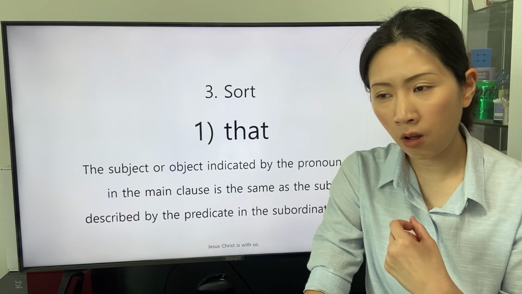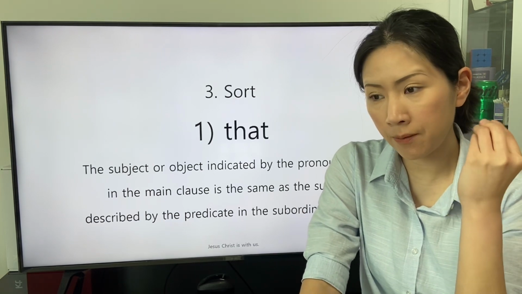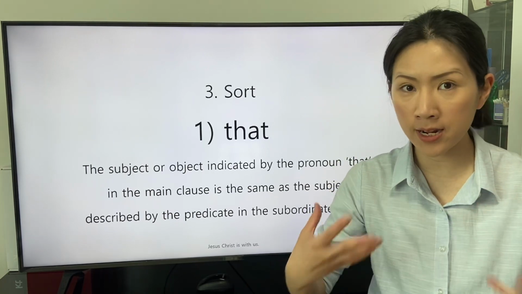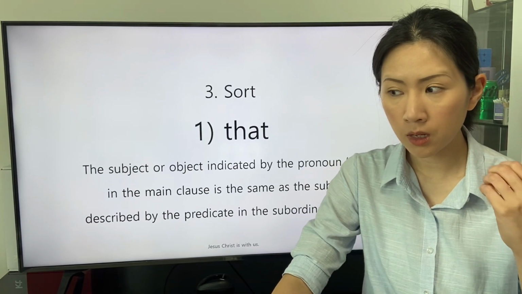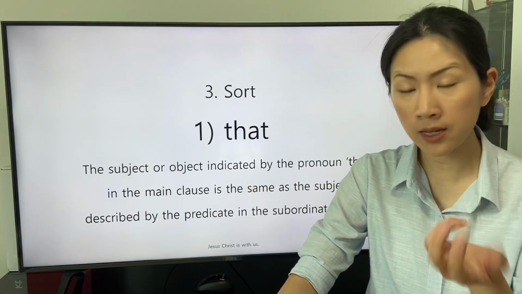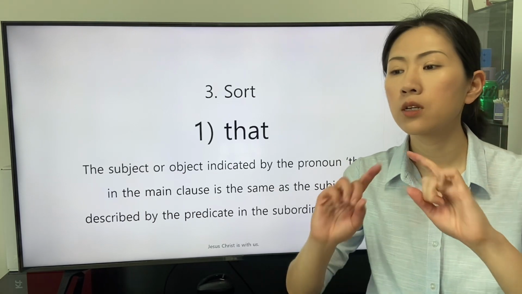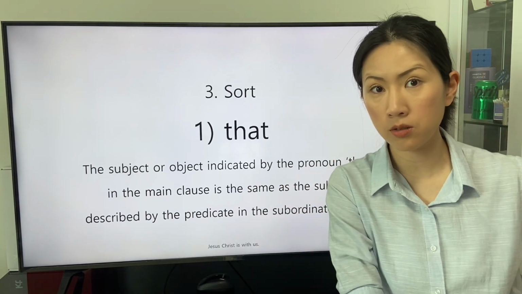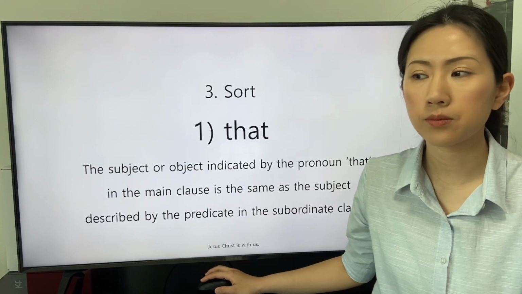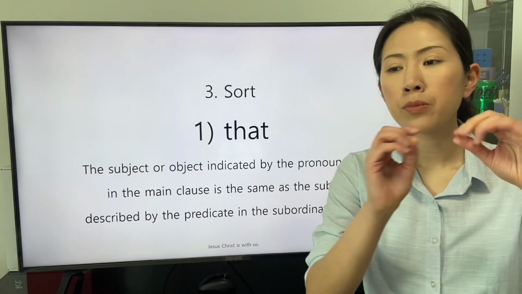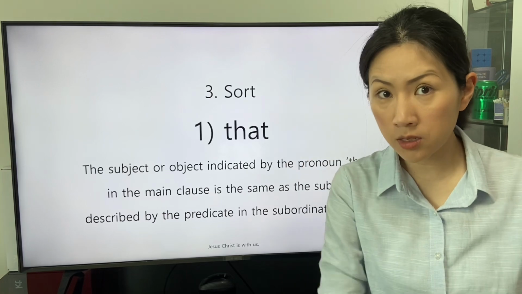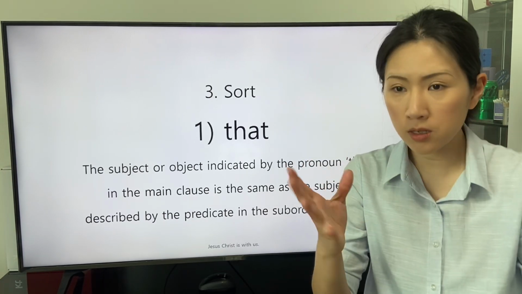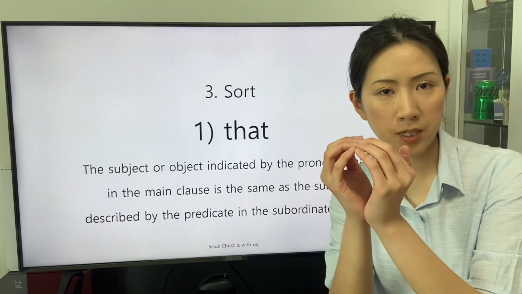The subject or object indicated by the pronoun that as the subordinating conjunction is the same as the described subject in the subordinate clause, because the subordinate clause is able to be summarized as a description about the subject.